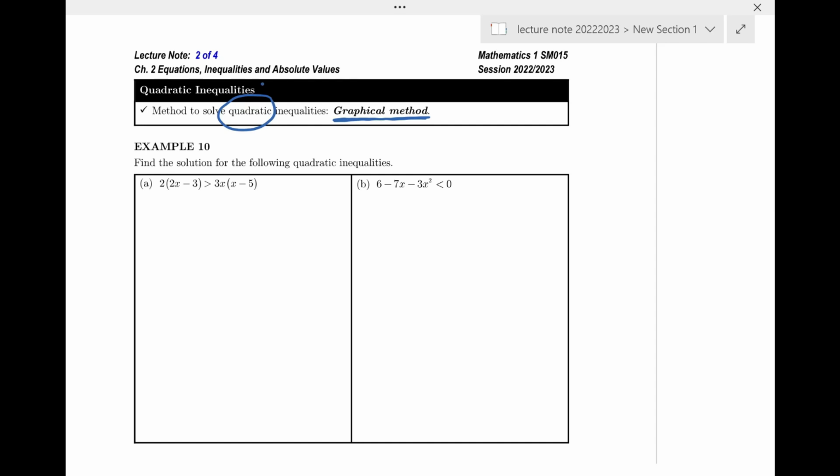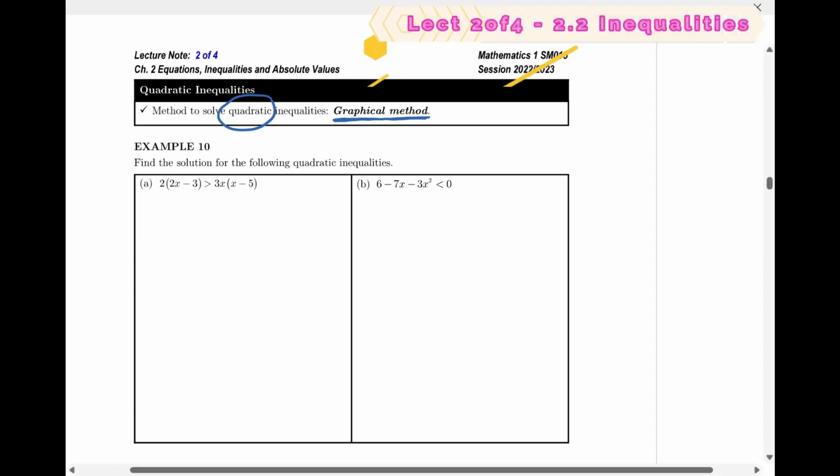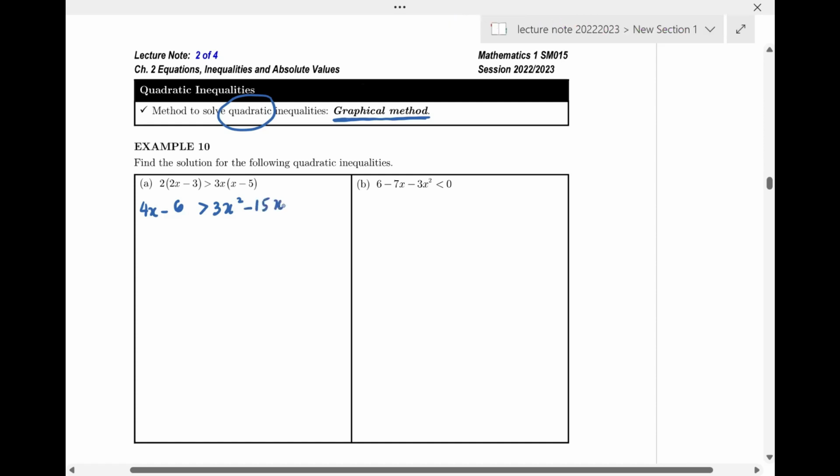So for part A, I cannot see any quadratic yet. So what we do is we expand both sides of the inequality until we get to see the quadratic inequality. The left side 4x minus 6, the right side 3x squared minus 15x.